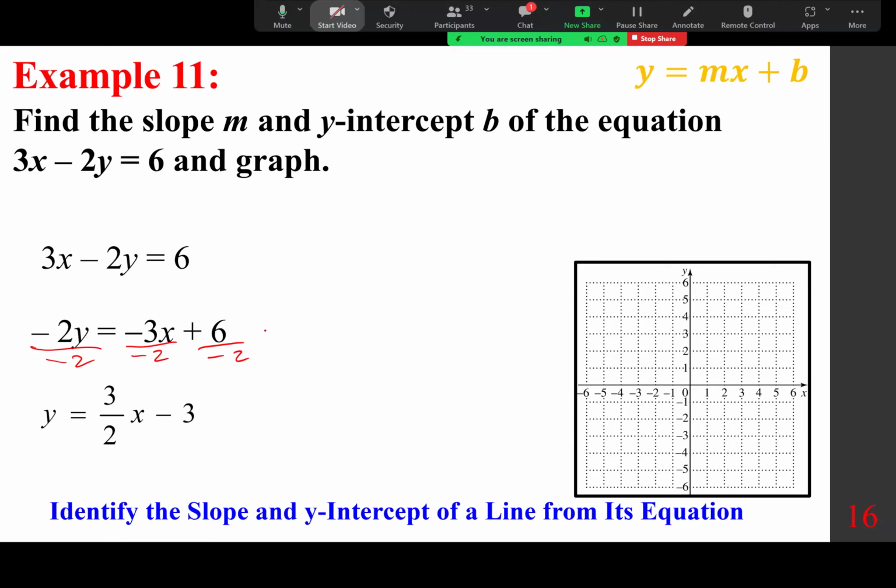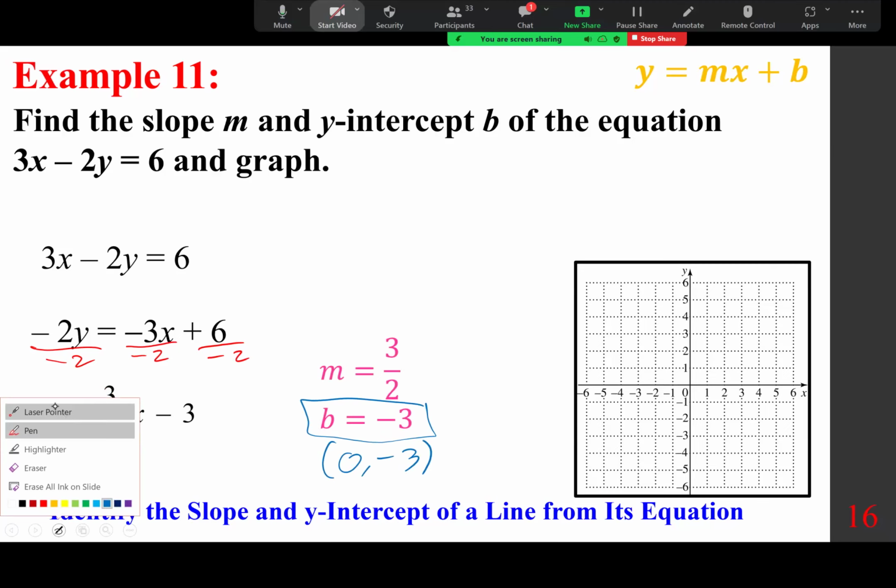You get y equals 3 halves x minus 3. And clearly, the slope is 3 halves, and the y-intercept is (0, -3). So the slope is 3 halves. b is negative 3, meaning we have the pair (0, -3). That's the meaning of it, okay, everybody?